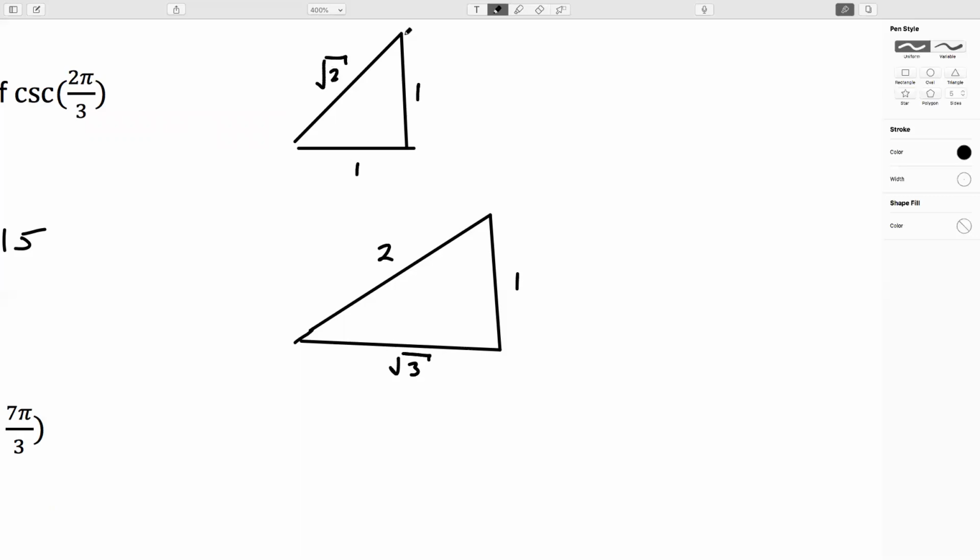So this triangle was 45 degrees, 45 degrees, and 90 degrees. 90 is pi over 2, so these are both pi over 2. If you have pi radians in 180, half of that is pi over 2. 45 degrees is pi over 4.